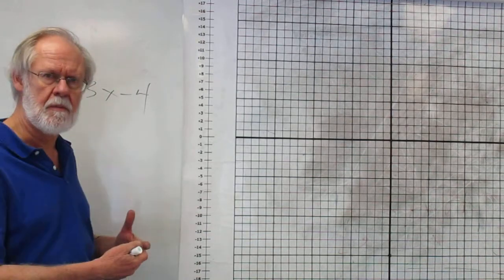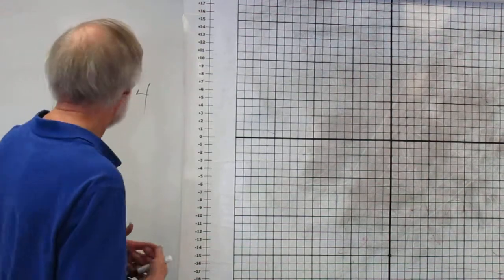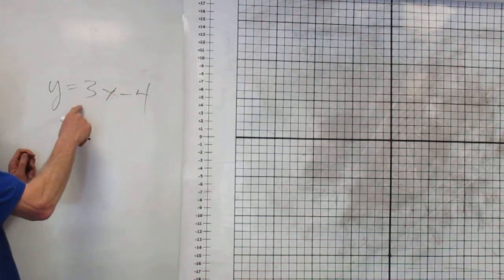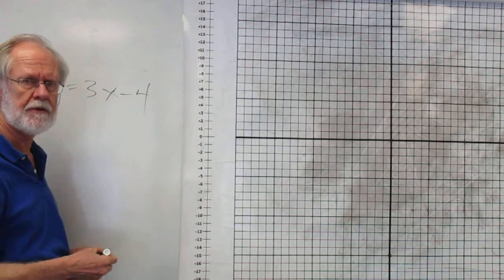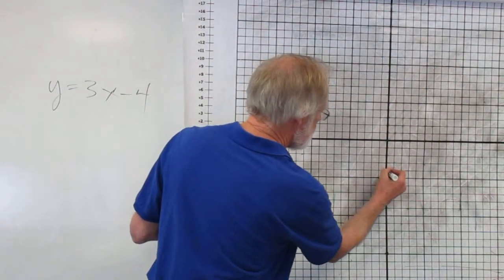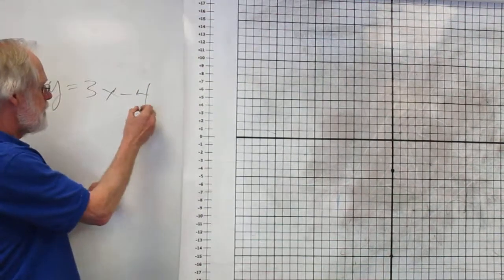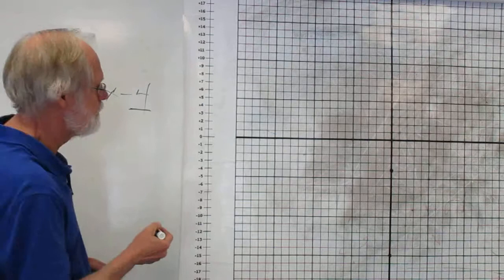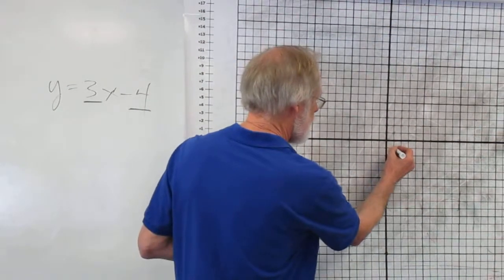Let me just review for a moment the process of graphing equalities. So I drew one up here, y equals 3x minus 4. Now you'll recall that the minus 4 means that we are going to locate the y-intercept at negative 4. The 3 is the slope, so we're going to go up 3 over 1.